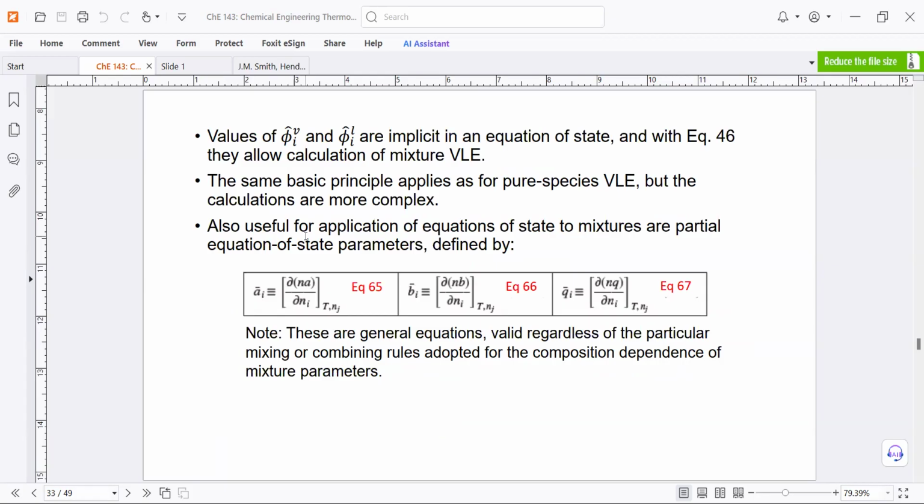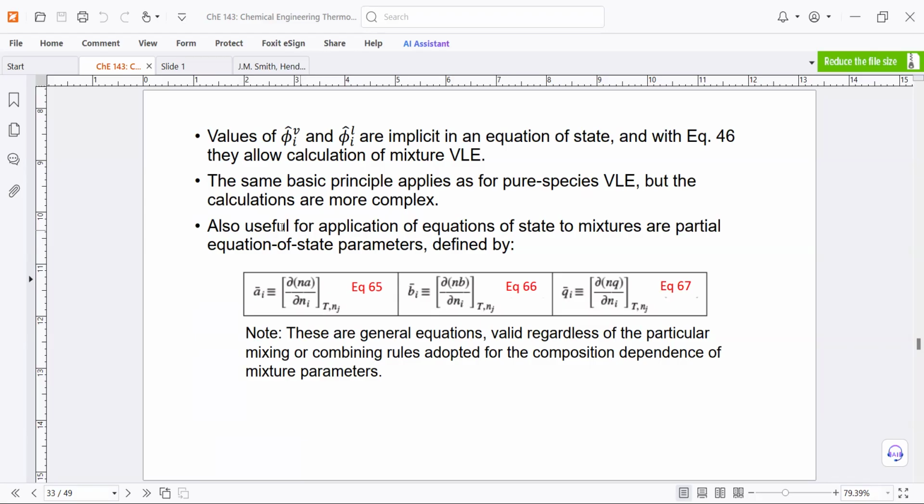Now, let's go back to our main goal. What's our main goal? To solve for the fugacity coefficient in solution. Okay. Now, since we have the mixture A and B, and because now the calculation is based not just on temperature and pressure, but also composition, we have to use partial properties.